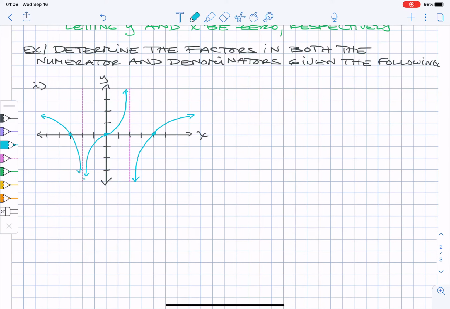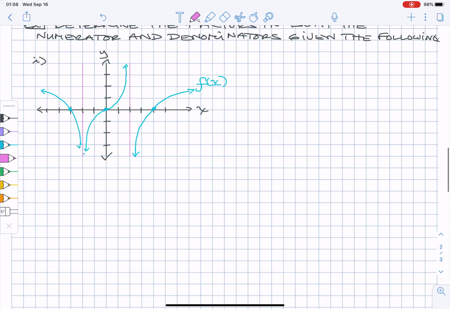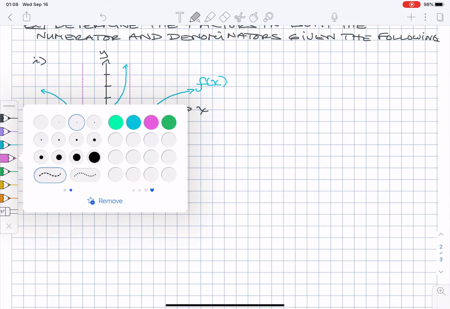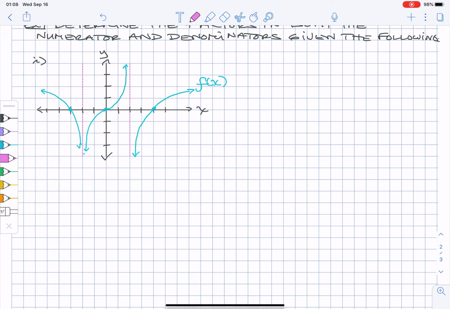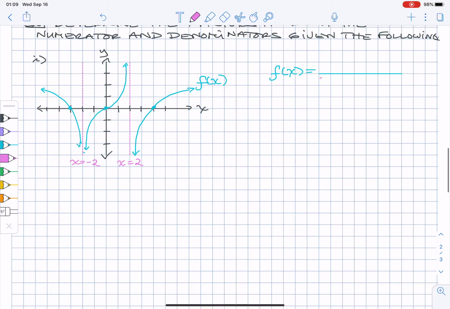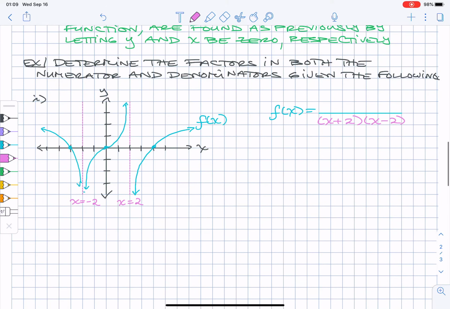Okay, so if this is f of x, what do I know? I know that I have vertical asymptotes at x equals 2 and x equals -2. So I claim that f of x at the very least will have a factor of x minus -2 times x minus 2 in the denominator, because those are the vertical asymptotes.